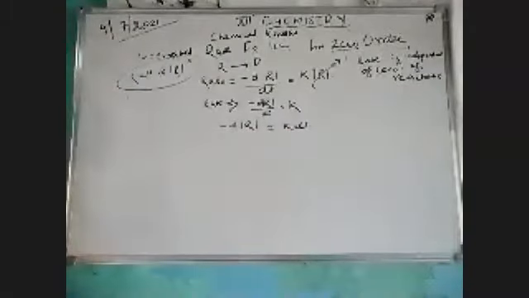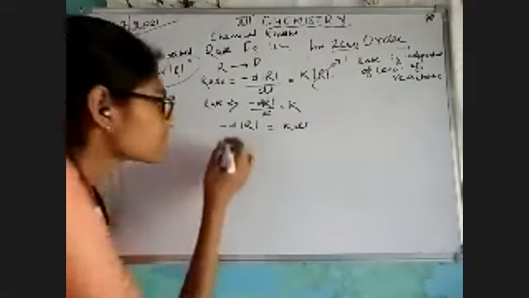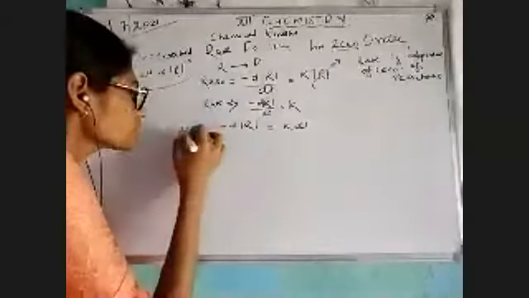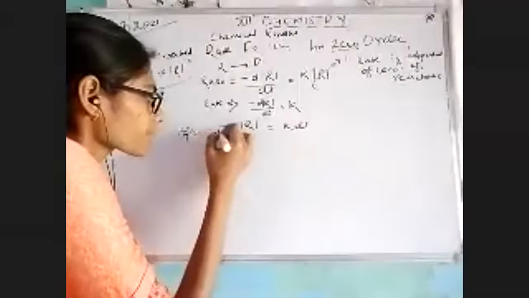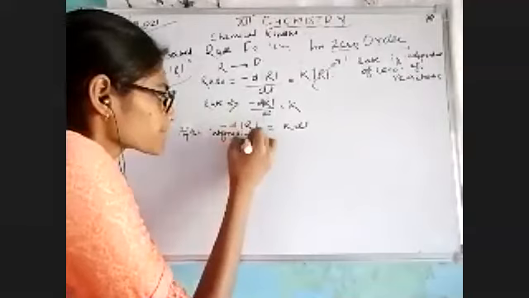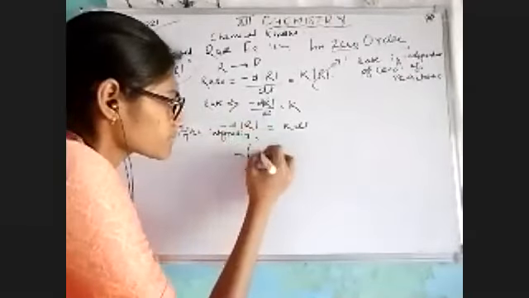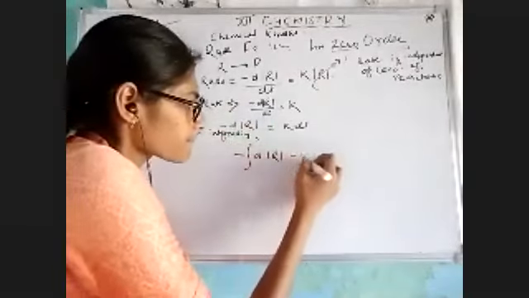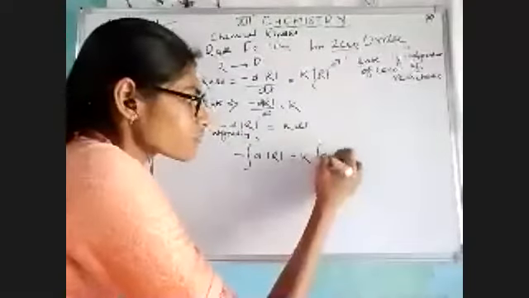Now we have to integrate both sides so that we can complete this equation. After integrating, k is a constant, so it would become k dt.